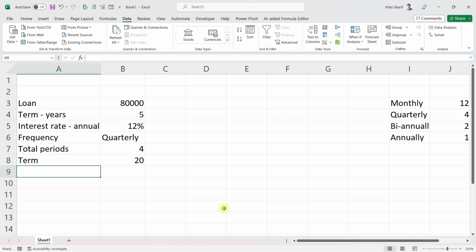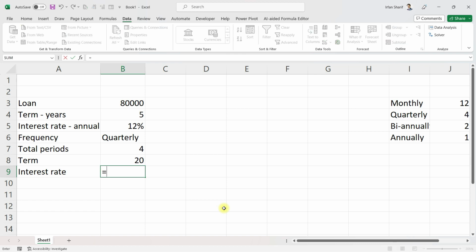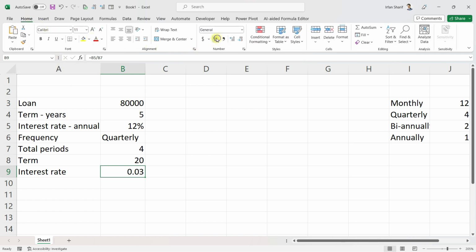Now on the basis of this, I can calculate the interest rate that should be applied in my formulas. For that, whatever the annual interest rate is, just divide that by the total number of periods. In this case, if we are talking about the quarterly frequency, we are dividing the interest rate of 12%, which is for the year, by 4, which means that now my interest rate will be the quarterly interest rate. If I just format it as a percentage here, you will be able to see the answer better.